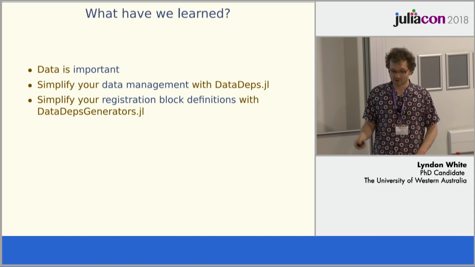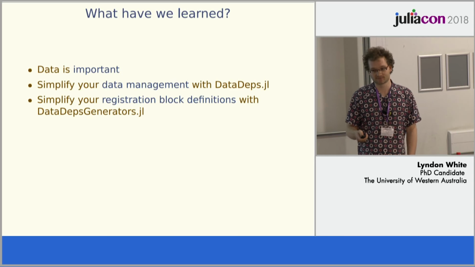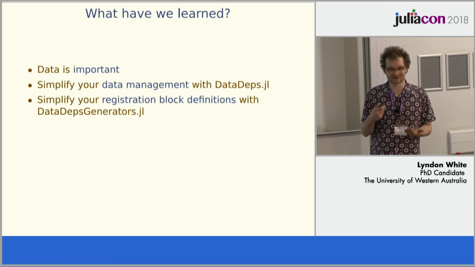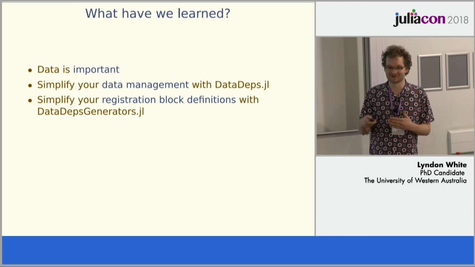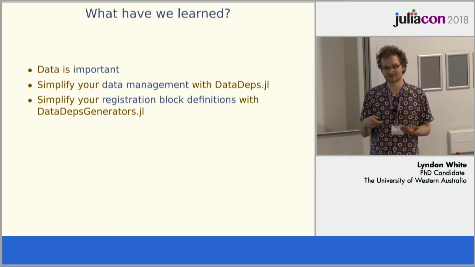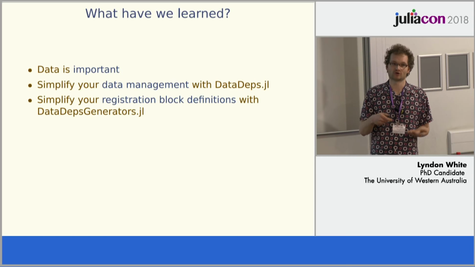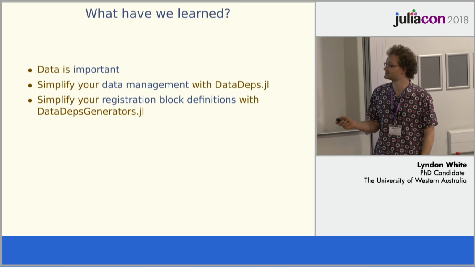So yeah, to wrap this up, data, it's important. It's basically the basis of all our research code in a lot of fields, especially data science, machine learning. We have a lot of these benchmark data sets we like to use. You can use DataDeps.jl to simplify your data management, whether that's downloading your CSVs, or it's downloading a pre-trained machine learning model, or whatever it is.